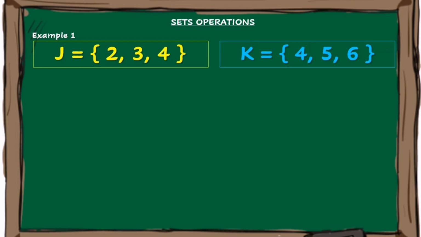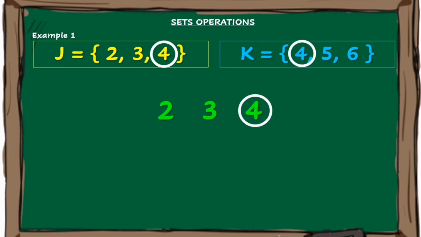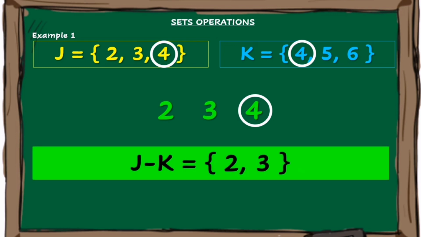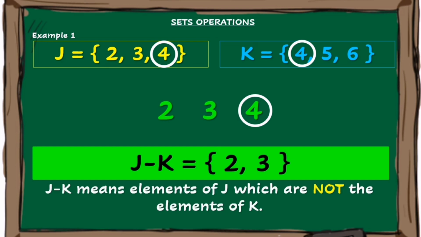To find the difference of these two sets, we will write all of the elements of J and then take away every element of J that is also an element of K. Since J shares the element 4, this gives us the set difference with the elements 2 and 3. So, in other words, J minus K means elements of J which are not the elements of K.